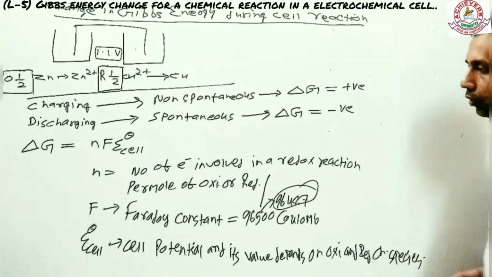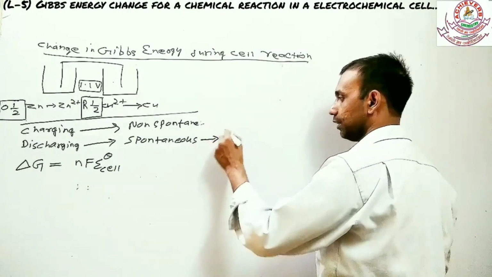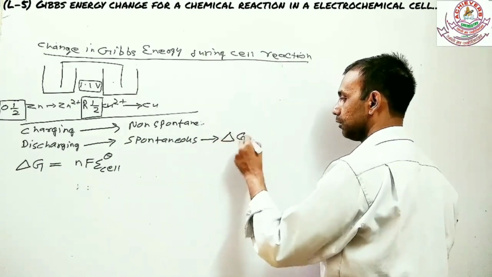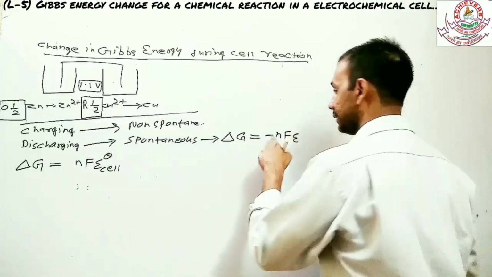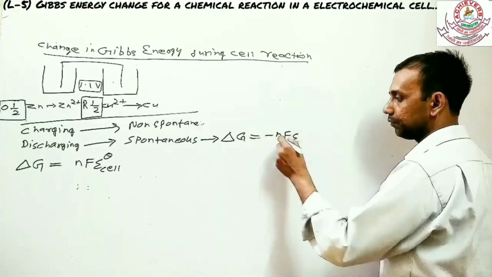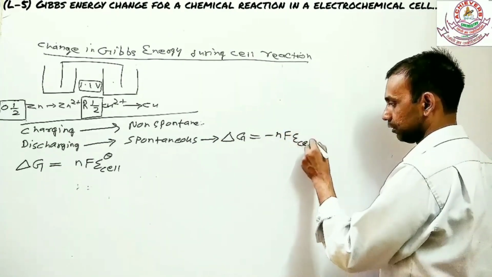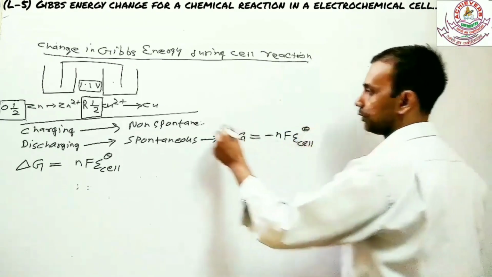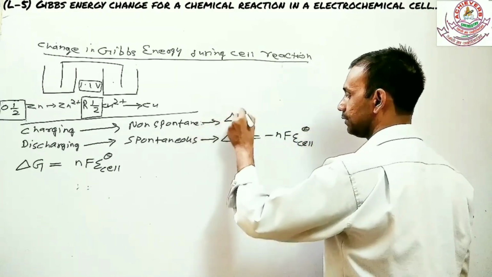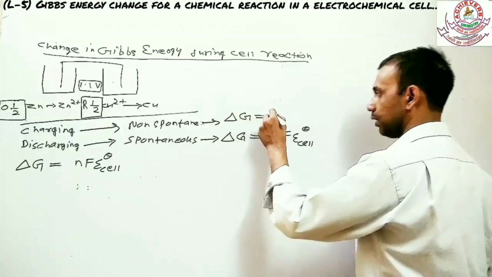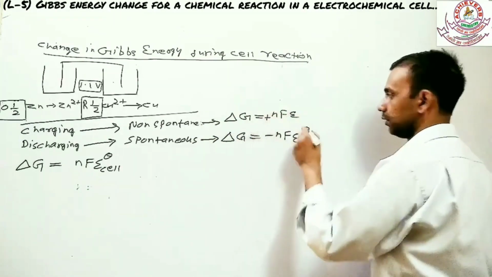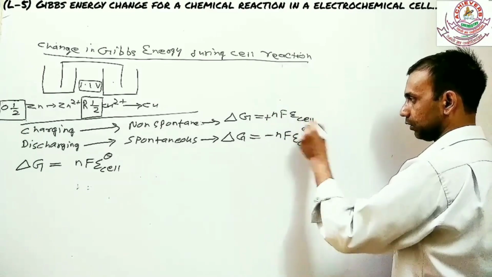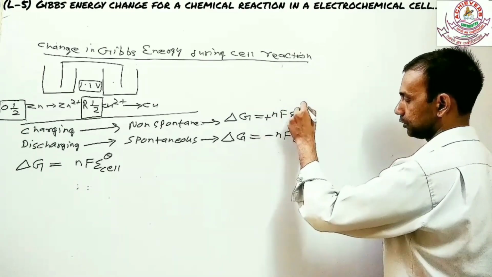So for every spontaneous process, delta G is calculated by nFE, and that is a negative value, because delta G must be negative for a spontaneous process. And for the other one, delta G can be calculated by nFE, which should be positive, because this is a non-spontaneous process.